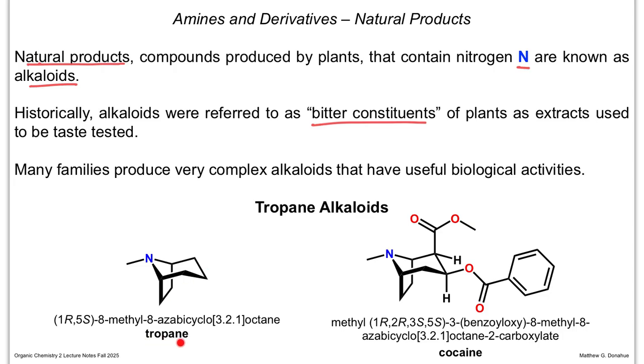This molecule to the left is called tropane, and this molecule to the right is called cocaine. And if you look at the modifications that have been done, I'll highlight those in blue. There's basically 2 different types of esters on that tropane skeleton that make it cocaine.